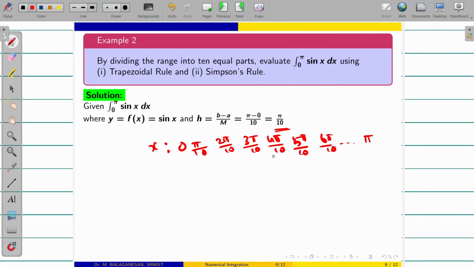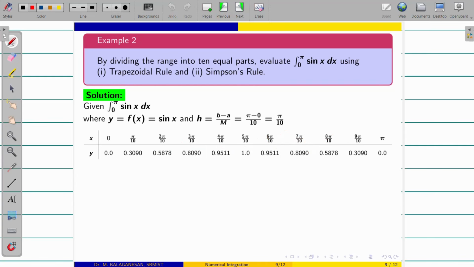Clear? So that's why, as I told you already, instead of writing the decimal places, if it is like that, easily you can write the values there. This is what I am doing here. Look at that. x starting from 0 and ending with pi. What about the differences? Pi by 10. So 0, pi by 10, 2 pi by 10, 3 pi by 10.